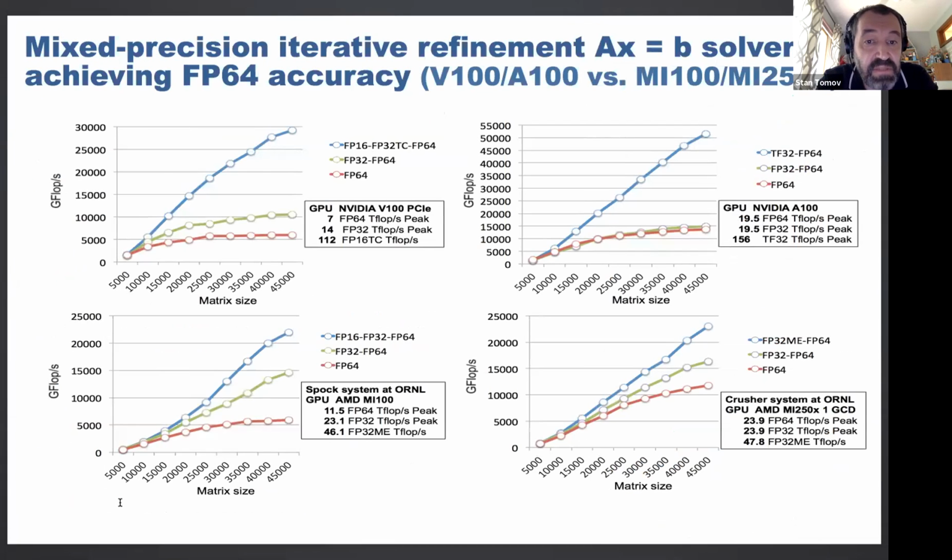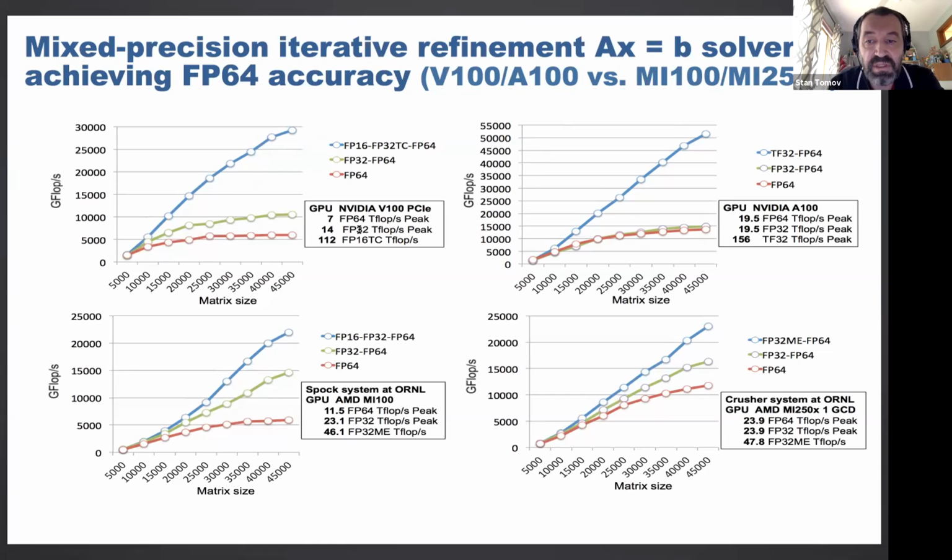As I mentioned, the mixed precision, you can see here some of the solvers and the acceleration that you can get using the low precision. These are for the NVIDIA GPUs, V100 and A100, and for the MI100 and MI250X from AMD.